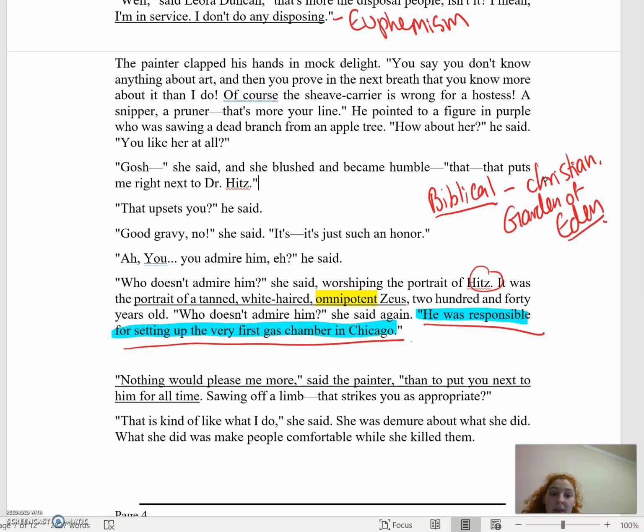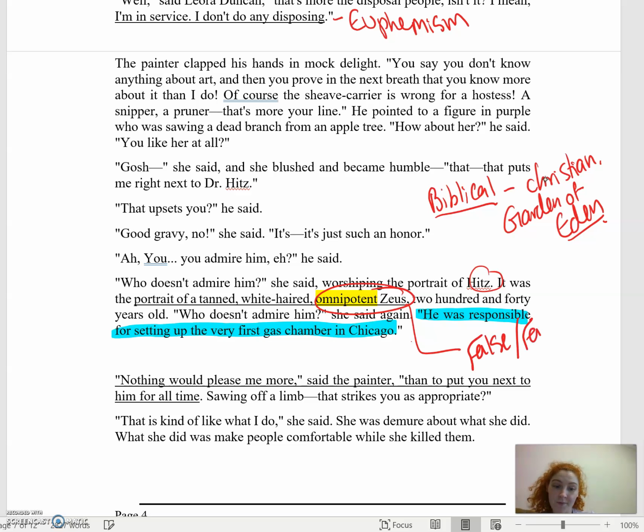And if we're going with these Christian and biblical associations, then by calling Heinz an omnipotent Zeus, Zeus was a Greek god, and compared to Christian religions, he's a false god, a false or a fake god that people admire.